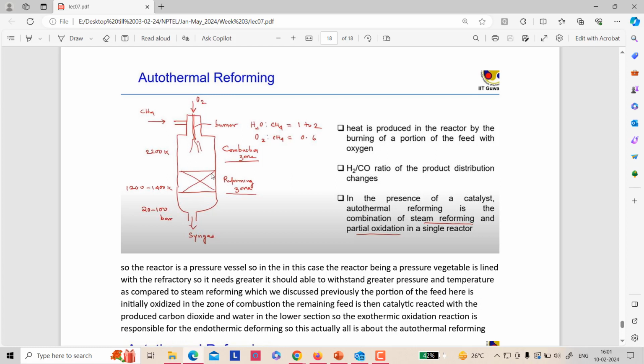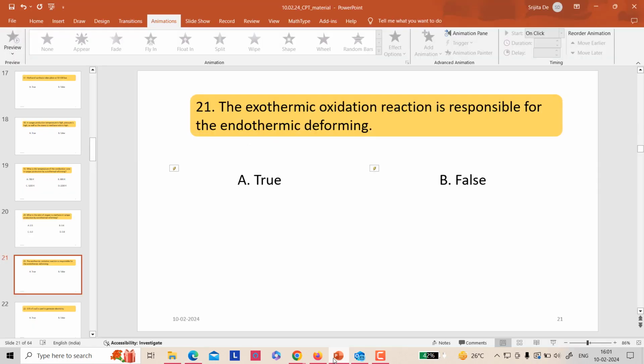The steam reforming reaction is an endothermic reaction, so this heat is supplied from the combustion zone to the reforming zone. So the statement that the exothermic oxidation reaction is responsible for the endothermic reforming is correct.